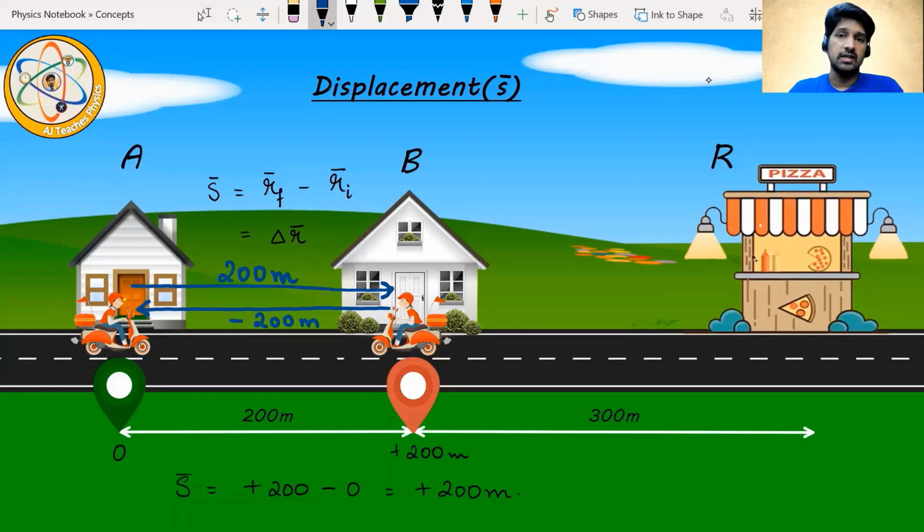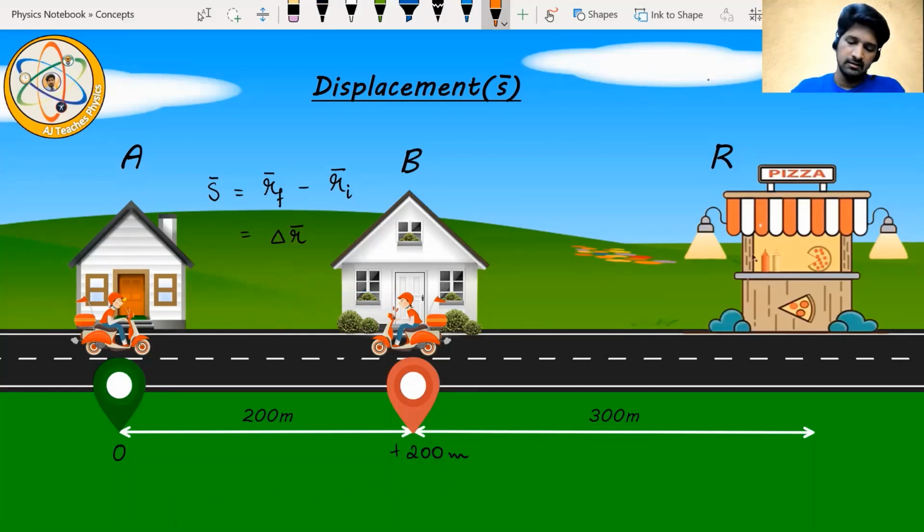You would never use a negative sign to indicate the distance between 2 points. You will still say the distance between A and B is 200 meters, but the displacement is negative 200. So it is not correct to say that displacement is the shortest distance between 2 points. Magnitude of displacement is the shortest distance between 2 points, but displacement has something more to it. There is a direction that must be assigned.